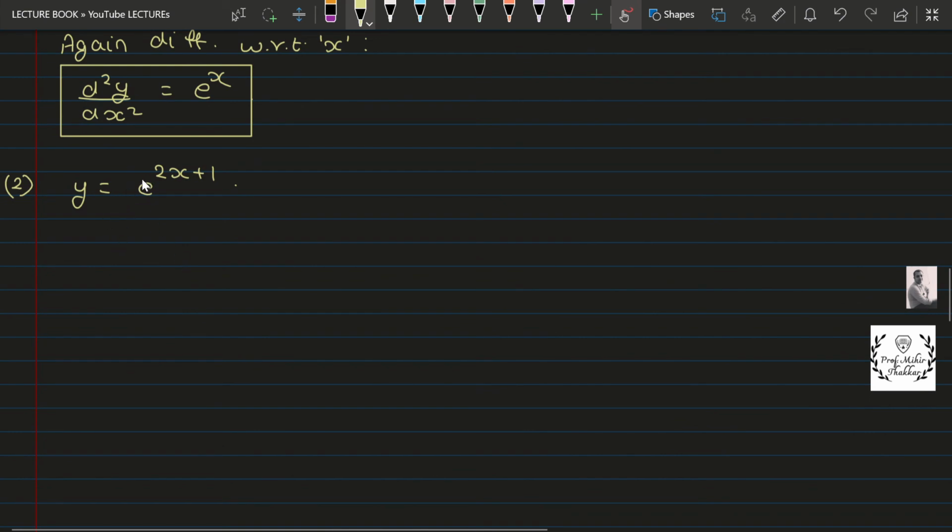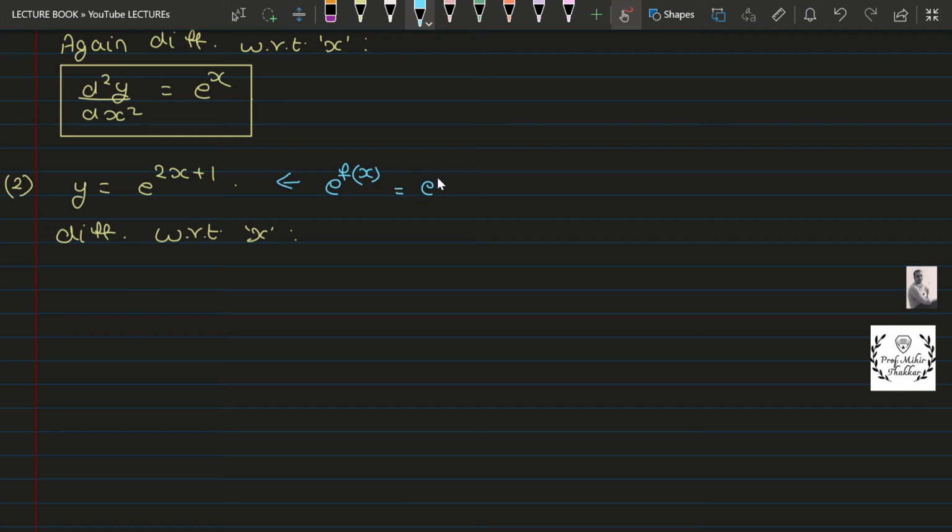So when we want to differentiate this, I have to differentiate with respect to x, and I use the formula: the derivative of e raised to fx is e raised to fx itself multiplied by the derivative of fx. So students, again this is a part of composite function. You can check out the link for understanding all the different types of composite function given there in the description box.